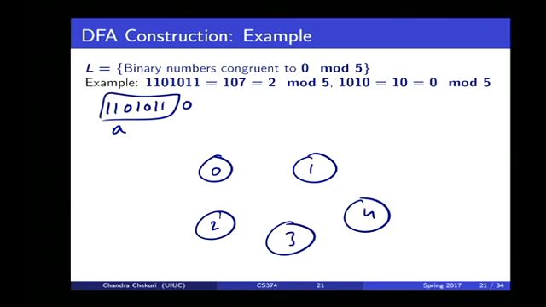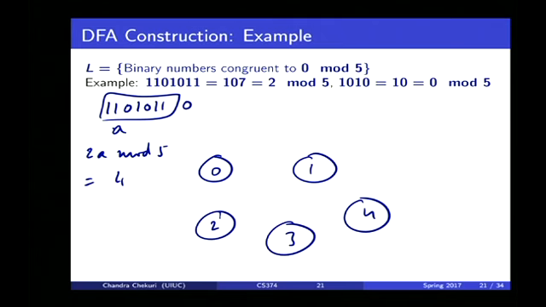If I tell you A mod 5, and I don't know what A is, but the remainder is 2, what is 2A mod 5? It is 4, right? Do I need to know A?